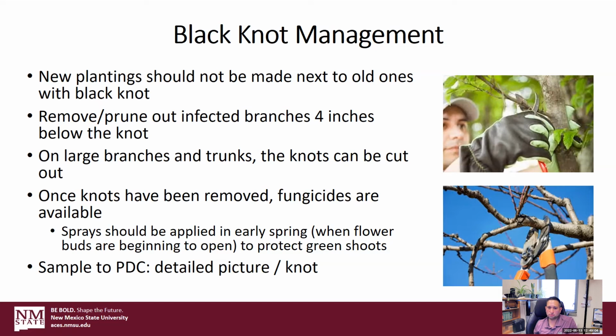Once you do remove those knots, fungicides are available. The spray should be applied in early spring when the flower buds are beginning to open, just to protect those green shoots. Again, if you want to send us a picture of the knot itself, we can ID it through email usually.